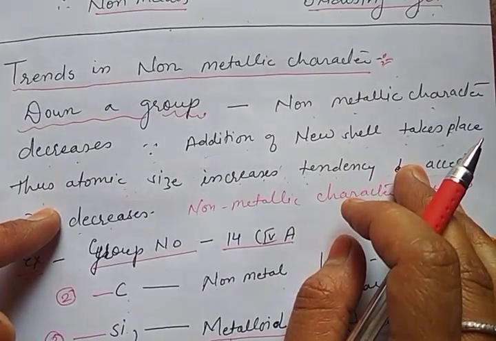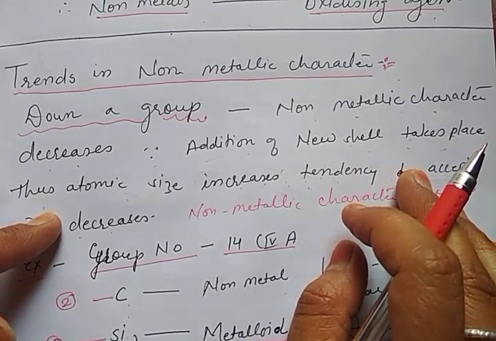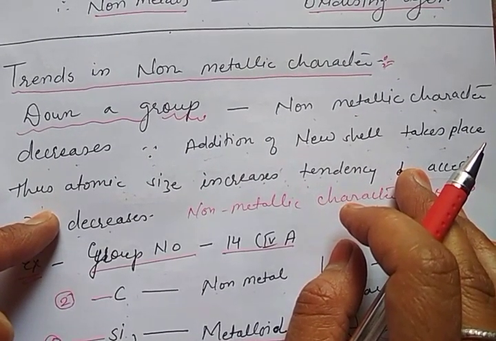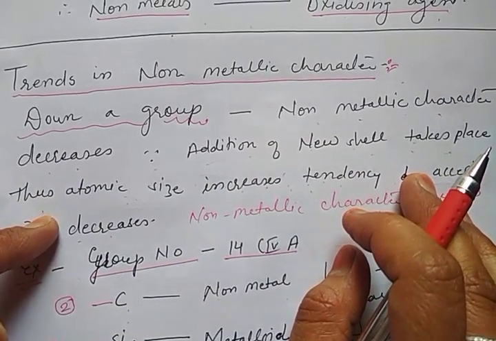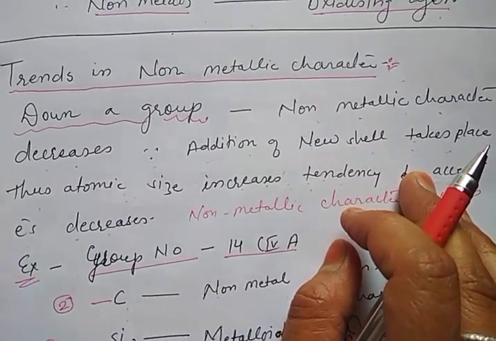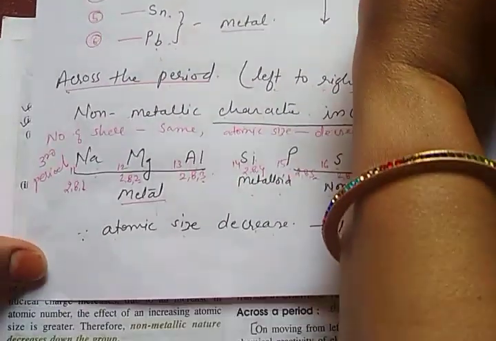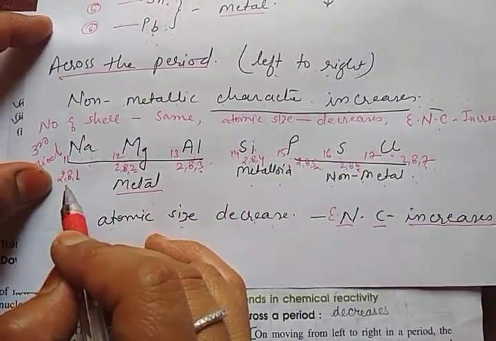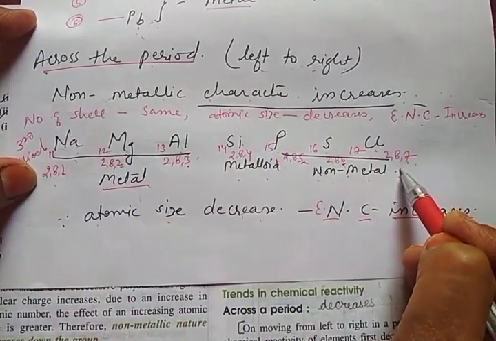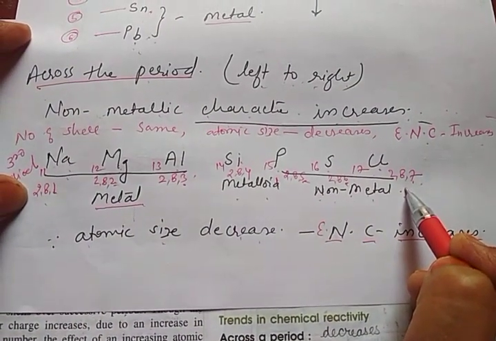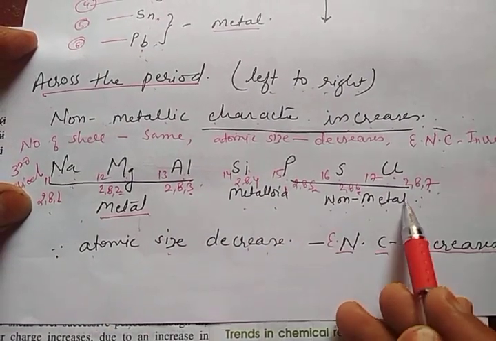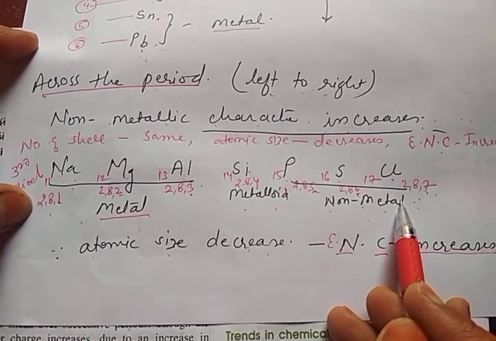Non-metallic character is the tendency of accepting electrons. When the non-metallic character decreases, at the same time the metallic character increases. Let's take the example of the third period: metallic character decreases from left to right in a period. In a similar way, non-metallic character increases from left to right. So both are opposite in nature.